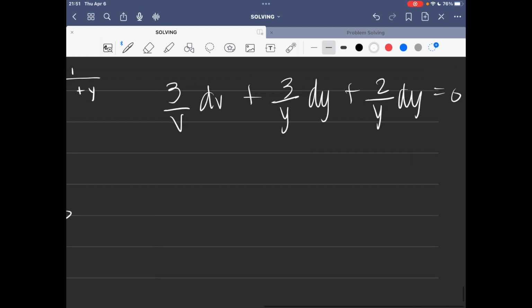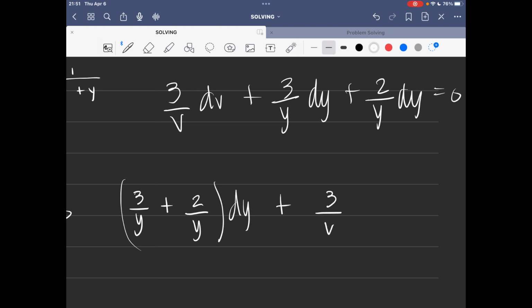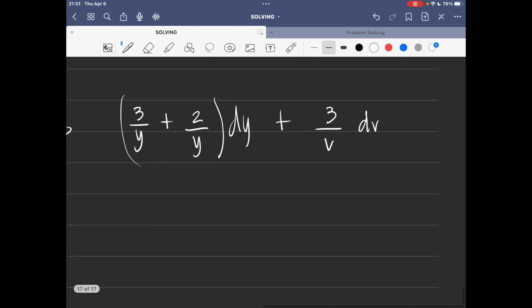After that, we are going to collect all the dy. So (3 over y plus 2 over y) dy plus 3 over v dv.